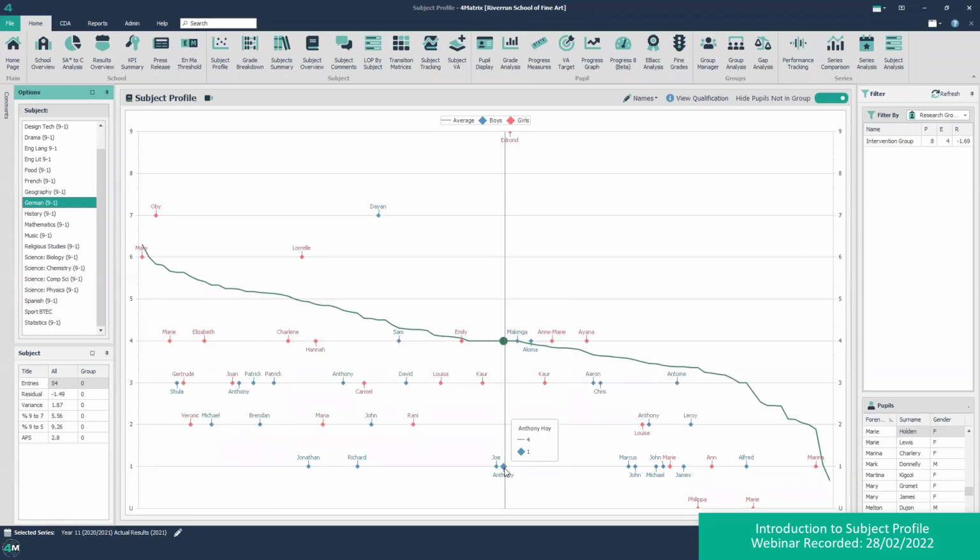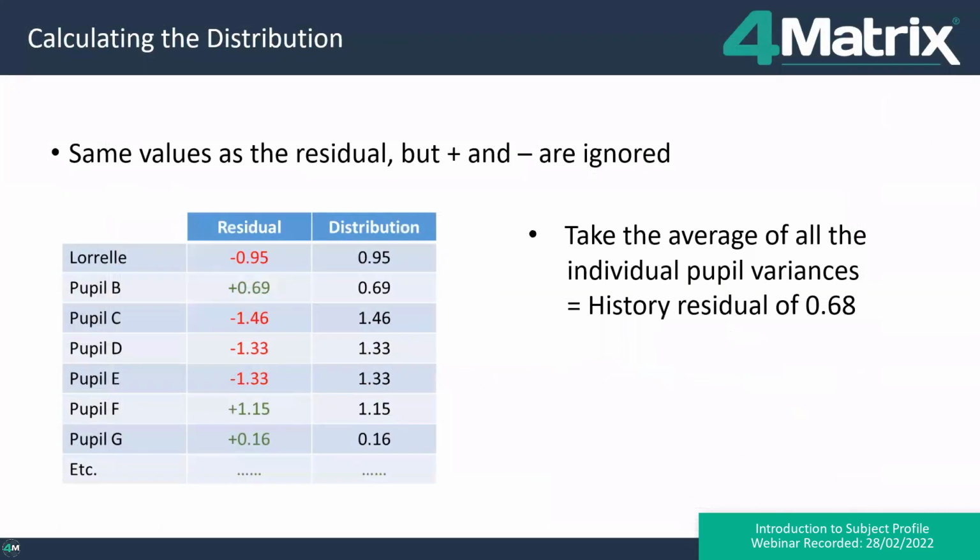So the other interesting measure to look at is distribution, sometimes called variance. As its name implies, this is a measure of spread. So if we look at the original residual calculation we did for history, we can see how this works. So essentially it's calculated in exactly the same way as a residual, except that all negative values are turned positive.